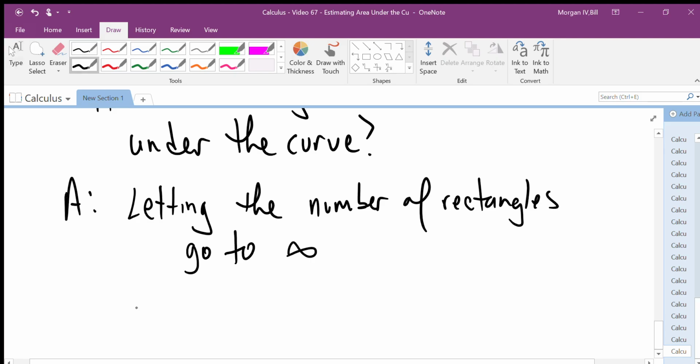What does that do to delta x? If the number of rectangles goes to infinity, what happens to your delta x? We've already seen that the more rectangles we get, the smaller delta x becomes.